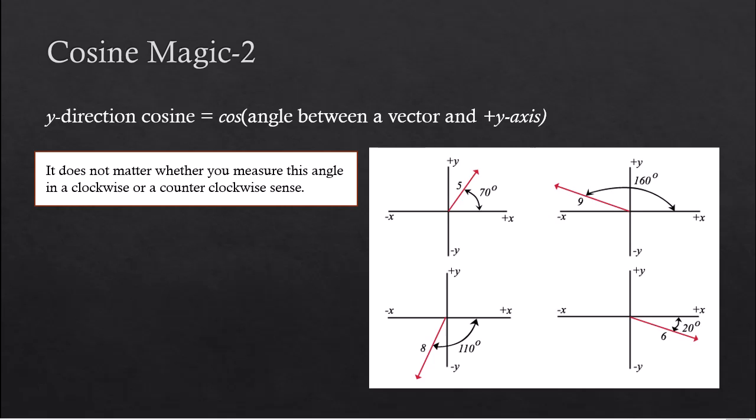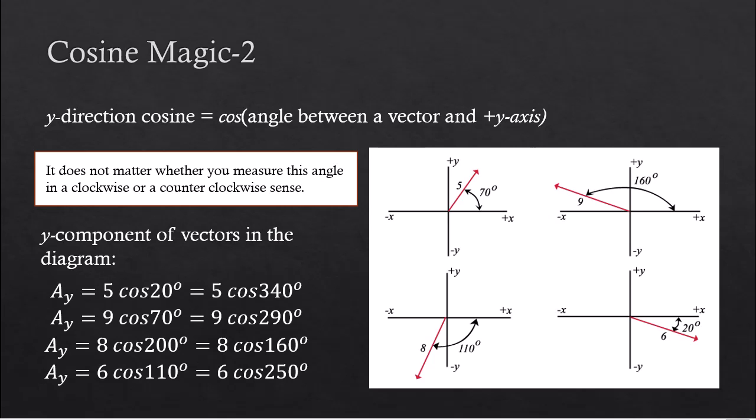The same thing happens for the y component. You have to measure the angle between the vector and the positive y-axis, and you can measure it either clockwise or counterclockwise. The y component of the vector of magnitude 5, measuring counterclockwise, is 5 cosine 20, or measuring clockwise, 5 cosine 340.